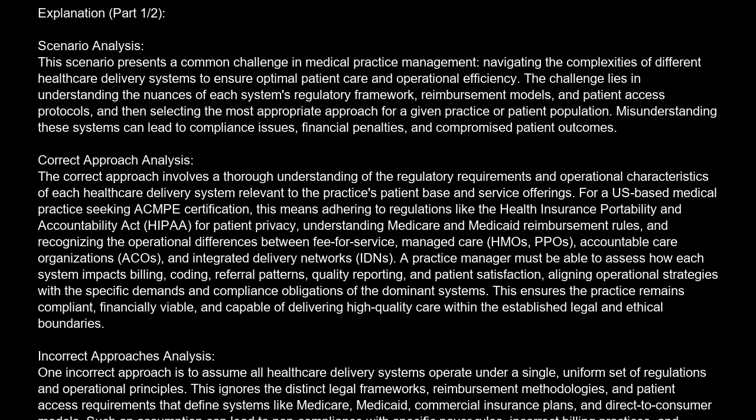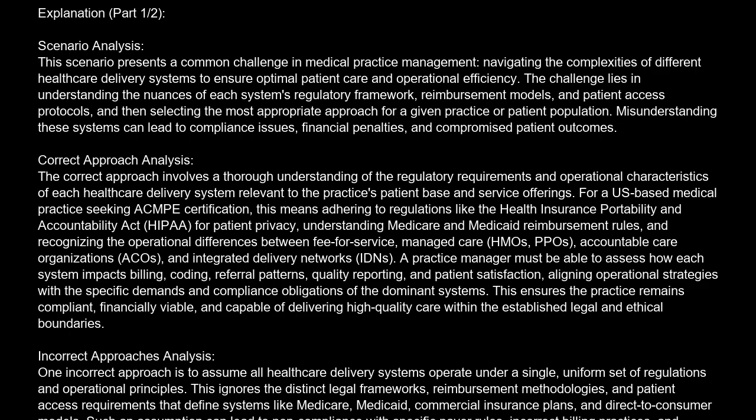For a U.S.-based medical practice seeking ACMPE certification, this means adhering to regulations like the Health Insurance Portability and Accountability Act, HIPAA, for patient privacy, understanding Medicare and Medicaid reimbursement rules, and recognizing the operational differences between fee-for-service, managed care, HMO, PPO, accountable care organizations, ACO, and integrated delivery networks, IDN.